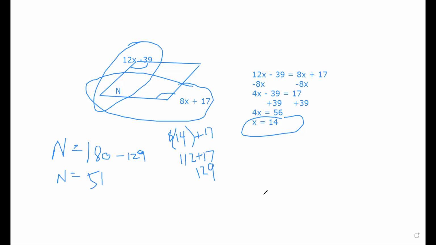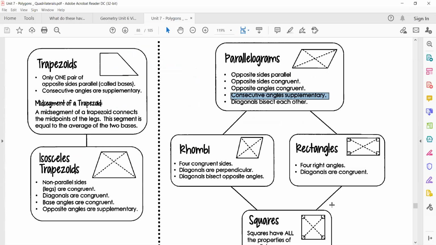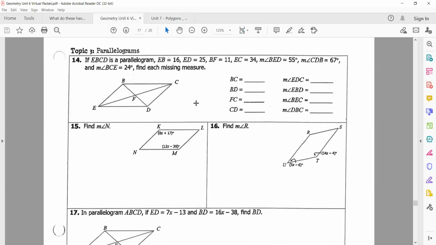Anybody have a question about how I did that? Number 16 is going to be similar, but are U and T going to be equal to each other in number 16? How are you going to set that one up?